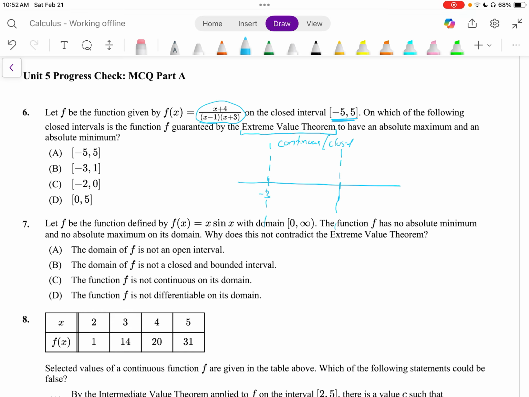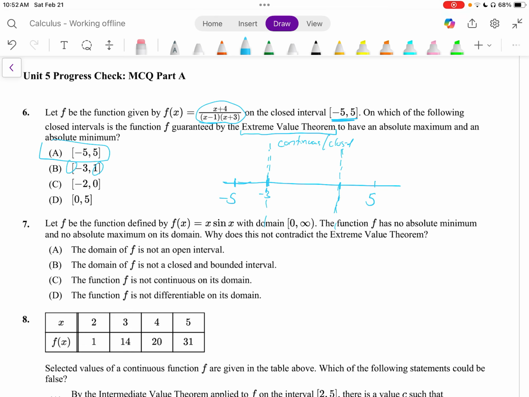Well, if you go from negative 5 to 5, you can't use the extreme value theorem because there are undefined values at negative 3 and 1. From negative 3 to 1 with the closed interval, you can't do that either because you can't use negative 3 and 1. Extreme value needs to be closed, but both negative 3 and 1 are undefined there.